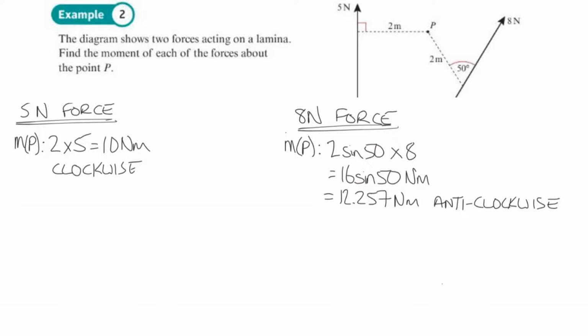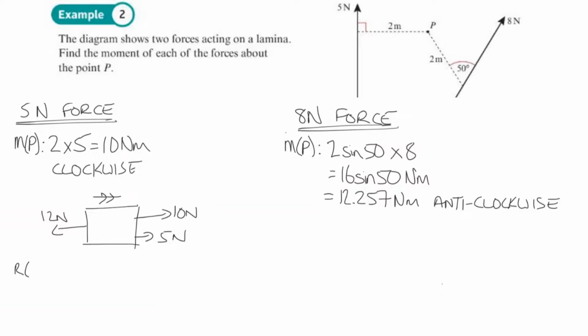The phrase resultant moment should remind you of what we looked at in year 12, where we were working with forces and we had to regularly find a resultant force. A resultant force was when we considered all the forces acting on a body, including their direction. So we looked at them as vectors, where the direction was important. So here we have three forces on this body. We need to choose a positive direction.